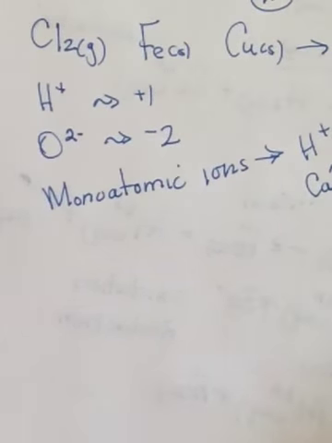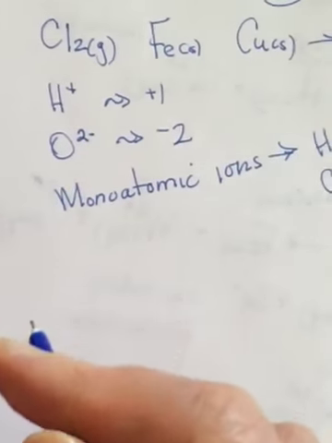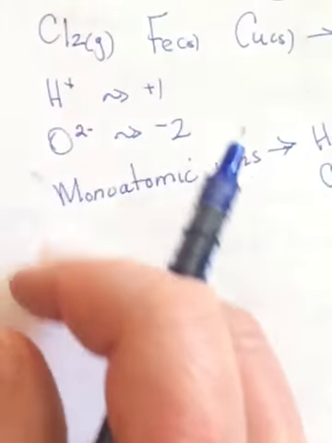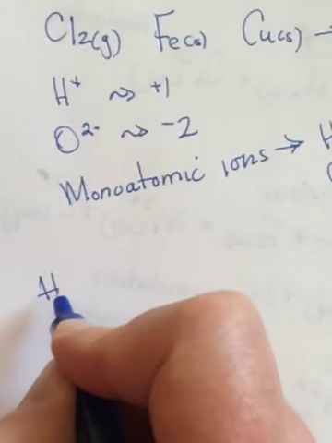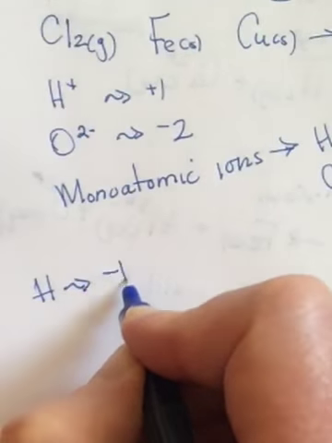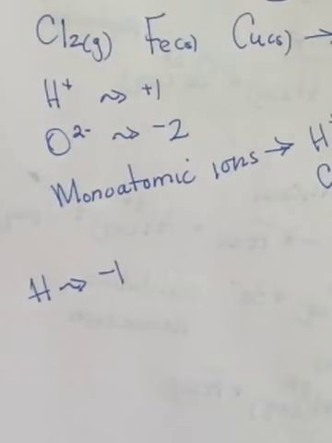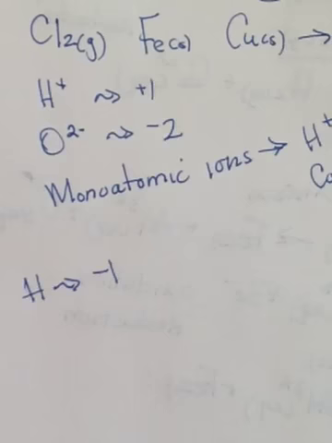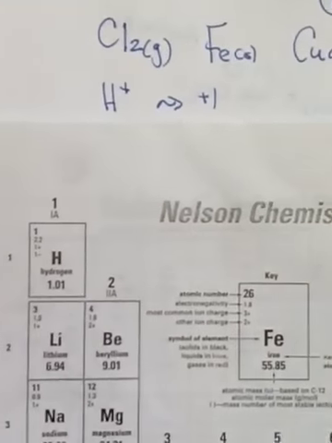But like all rules, there are exceptions, and the exceptions really deal with hydrogen and oxygen. Hydrogen first. Hydrogen will have an oxidation number of negative 1 instead of positive 1 whenever it's bonded to a less electronegative element, so you have to go back to the table.